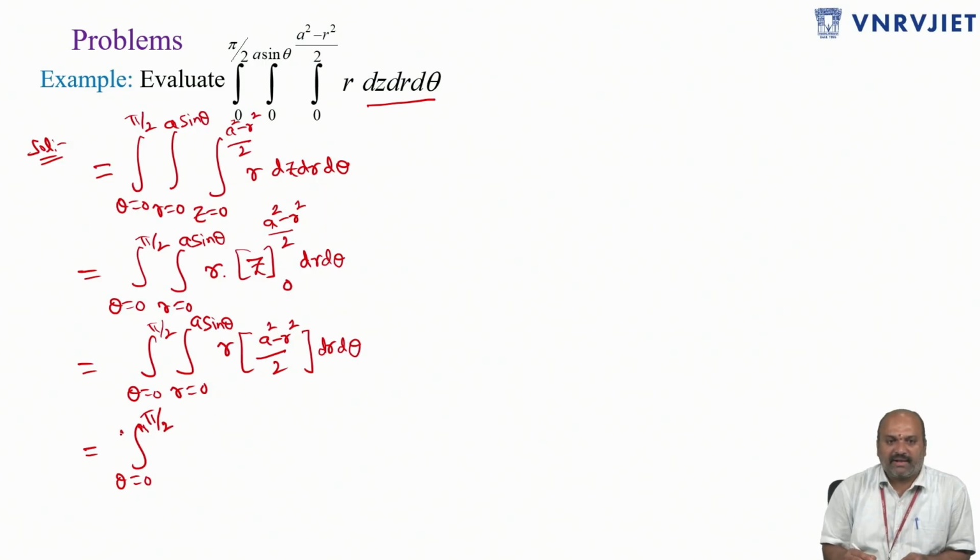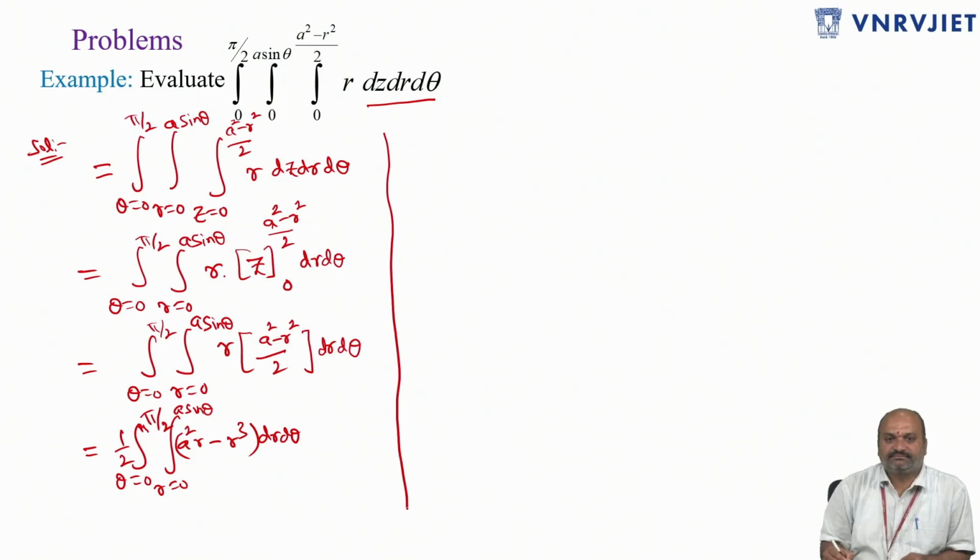Now this 2 I am writing outside, 1 by 2. Integral r varies from 0 to a sin theta of a square into r minus r into r square, it is r cube, dr d theta. Now further simplification.